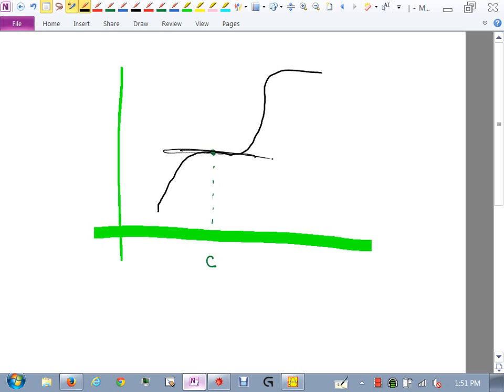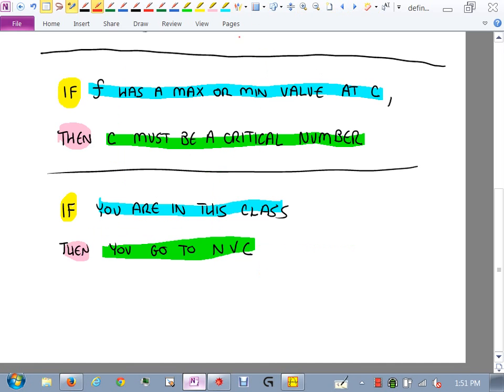No. I have another place over here, c prime, where the slope of the tangent line is undefined. So this is a critical number. It's a place where the derivative does not exist. Does that mean I'm at a local max or minimum? No. So I'm trying to illustrate the importance of the logic here. Just because you're at a critical number, that does not mean you have found the place. But if you have found the place, I guarantee that the derivative was 0 or undefined.